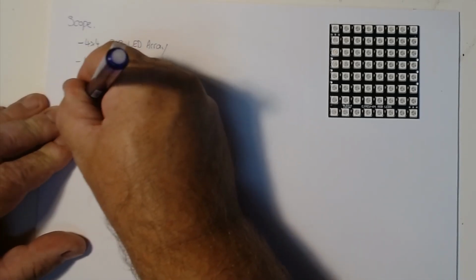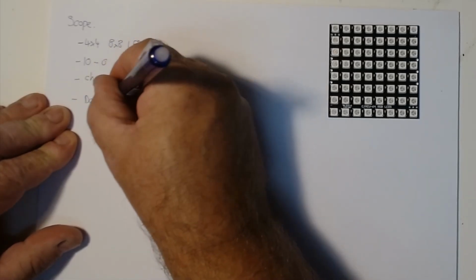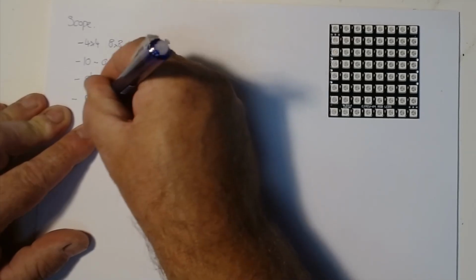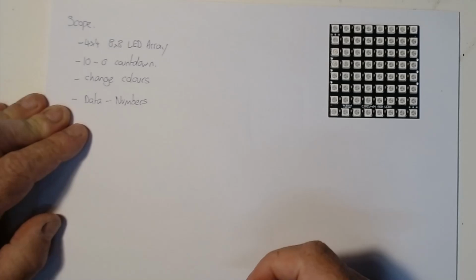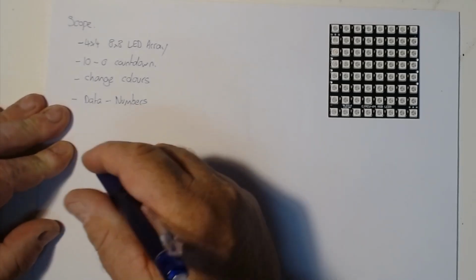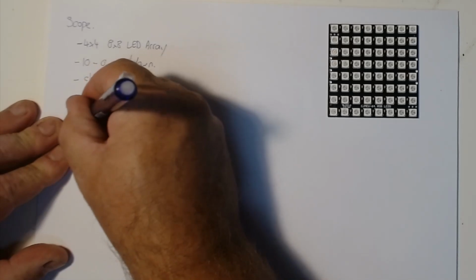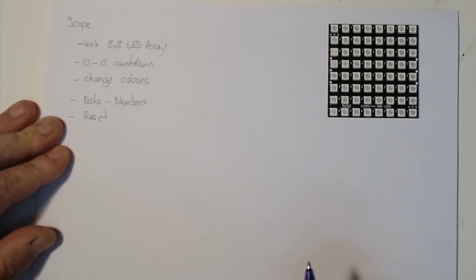So we're going to need data, which will be the numbers. Now that may be from an external source or an internal source, we don't know yet. We're just sort of defining a broad scope. We may need something to reset it. So if it is halfway through a count and we want to reset it, we might need a push button or an input to do that.